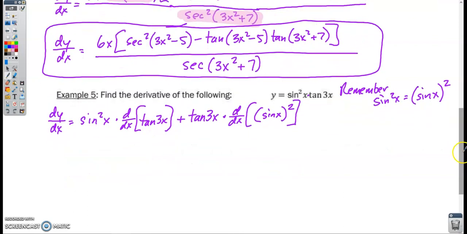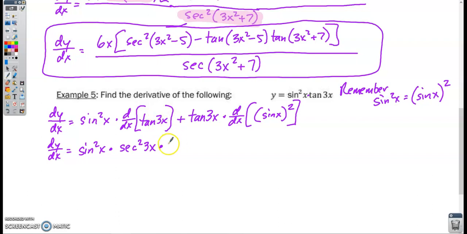And now I'm going to go ahead and take my derivatives. So I've got sine squared of x times the derivative of the tangent of 3x, and I'm going to use the chain rule on this. The derivative of the tangent is secant squared, leaving the inside the same, times the derivative of the inside.